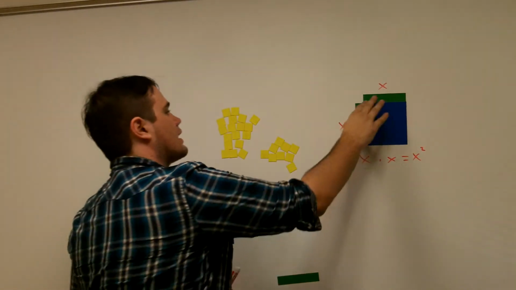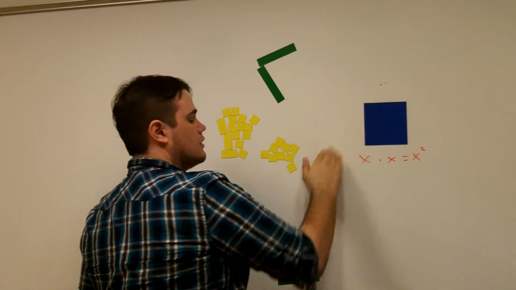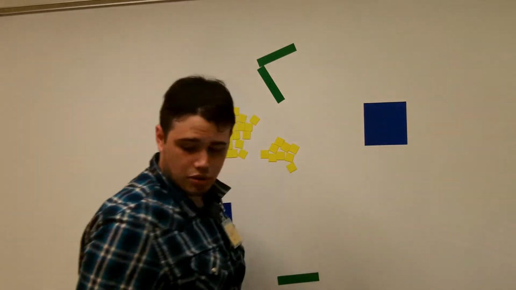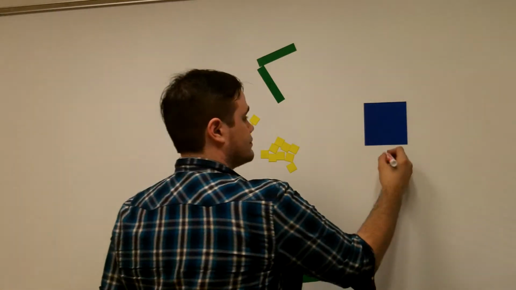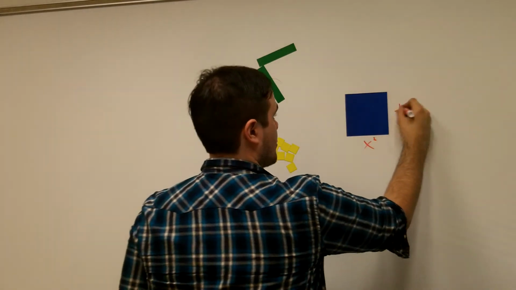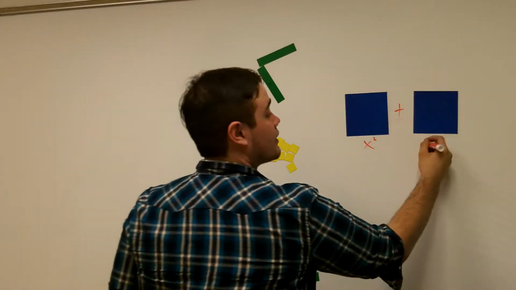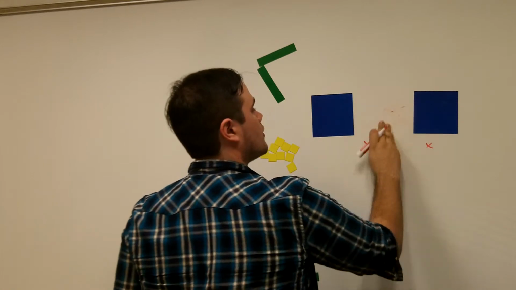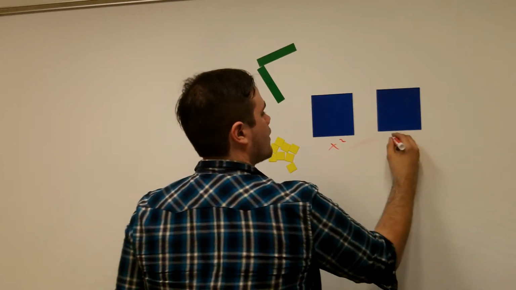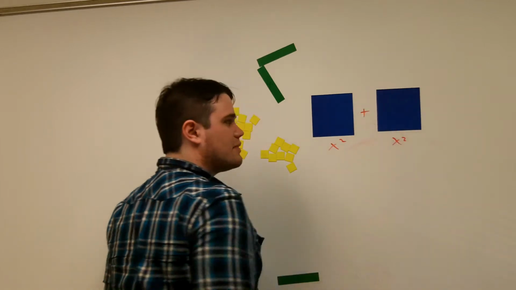So that brings us back to where we started, where I had x squared plus x squared. And here's another x squared. So I'm going to add them together.